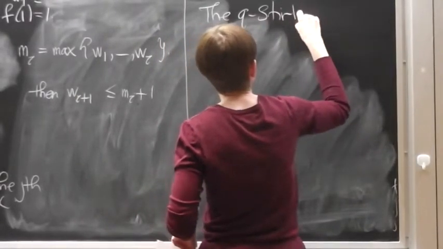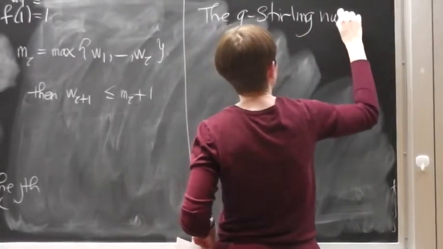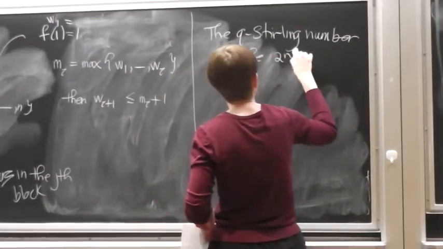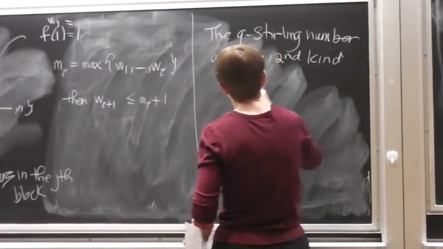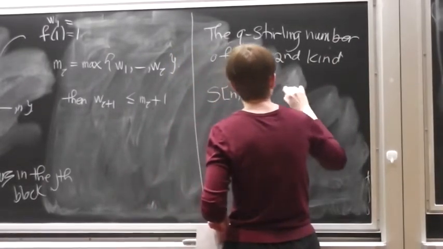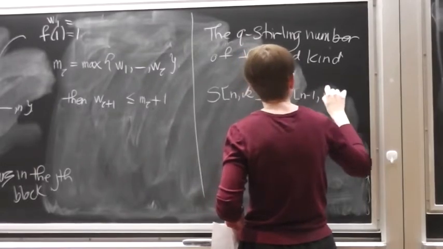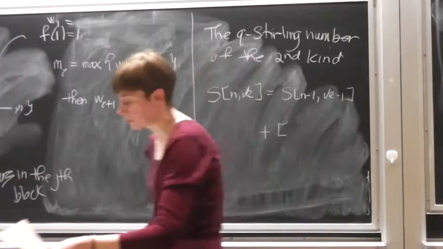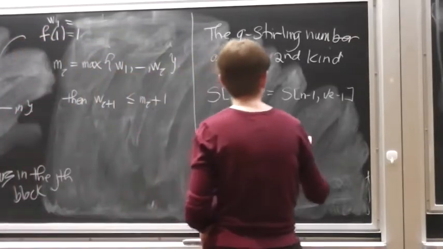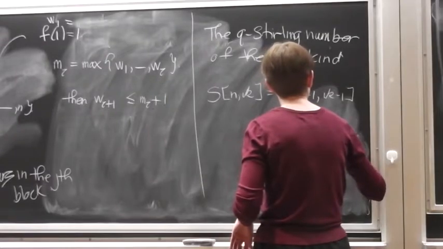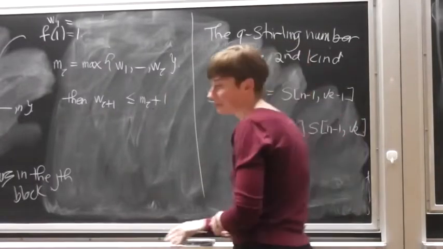The q-Stirling number of the second kind, S_q(n,k), is S_q(n-1,k-1) plus the q-analogue of k times S_q(n-1,k).